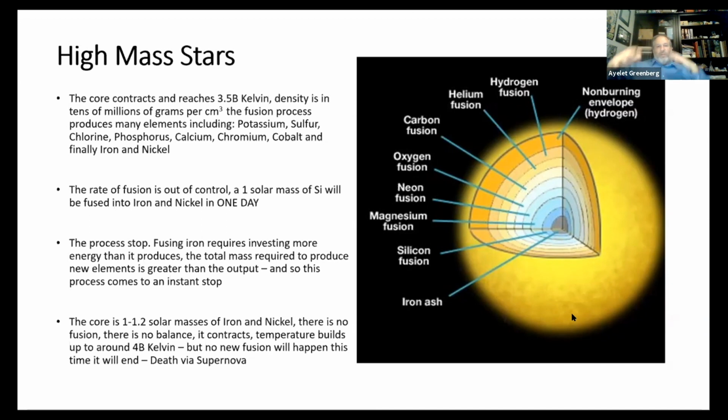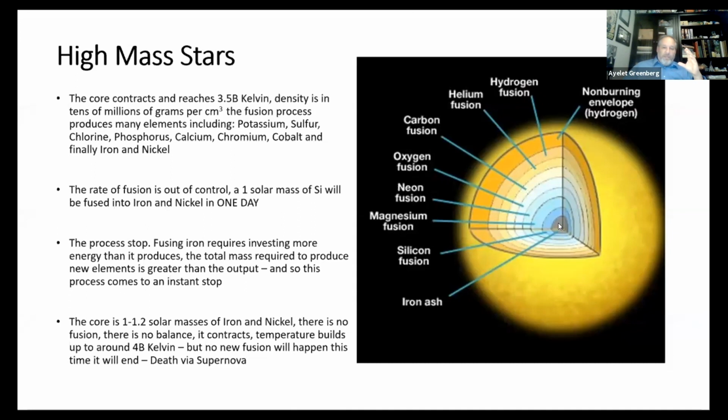And this fusion that is happening in all these onion layers, you can see all the layers of fusion here. We have hydrogen fusion and helium fusion and carbon and oxygen and neon and magnesium fusion. And in the core, we're starting to create silicon fusion. There are other sub-elements that are created in the process that you could start filling out the periodic table. Potassium and sulfur and phosphorus and calcium, they're all created in this process until we reach a point where we've created an iron nickel core.